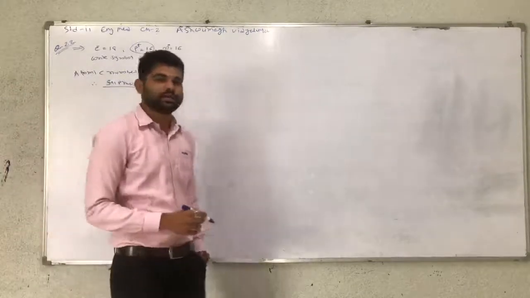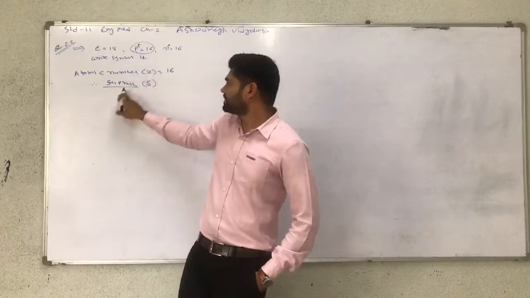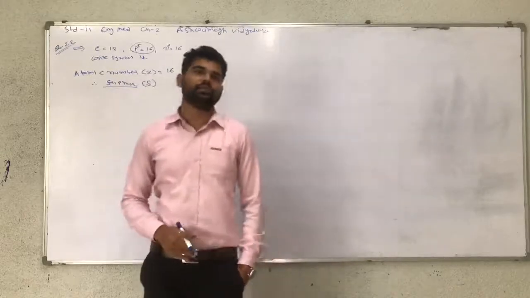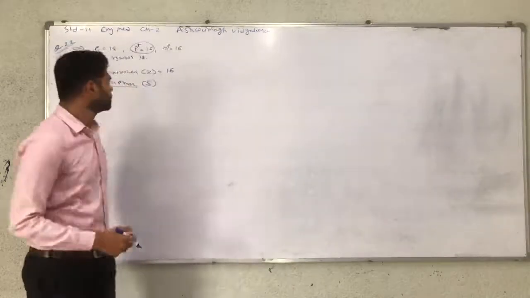Now find the symbolization. The atomic number represents the number of protons, and the atomic mass represents the number of protons plus the number of neutrons.